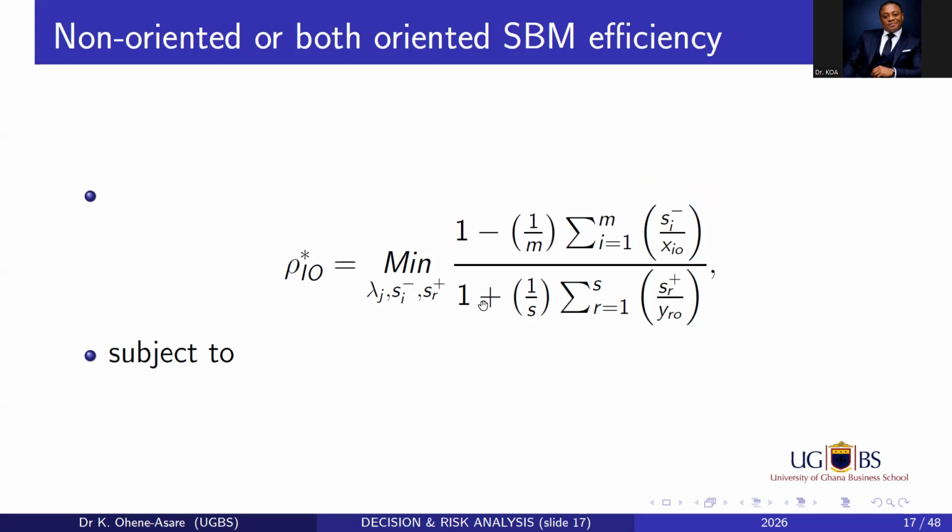Now, at the same time, what can you do to the denominator? You can increase it, isn't it? The sum of the slacks. When you increase the sum of the slacks, whatever it is, given whatever is up there, you can bring the whole ratio down.